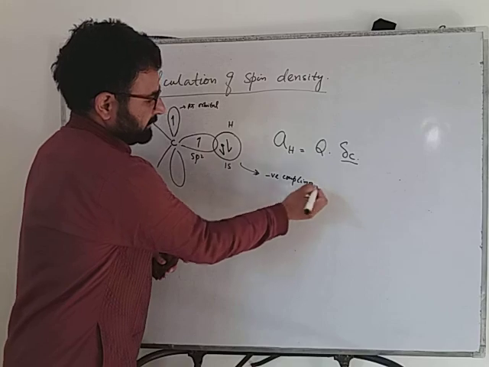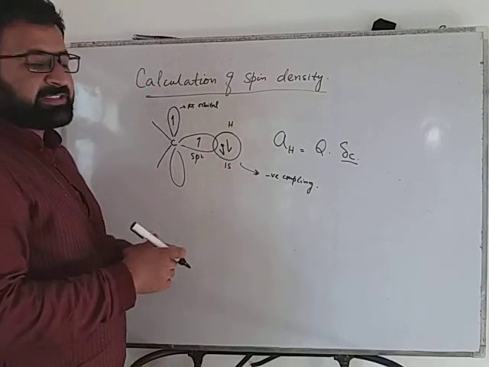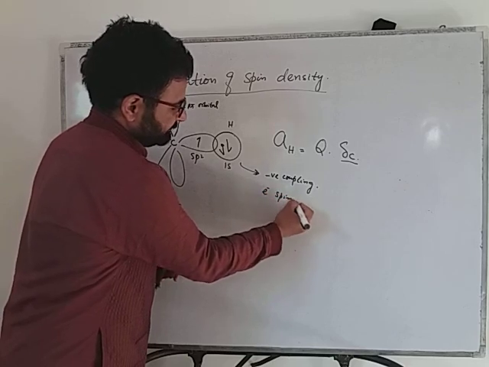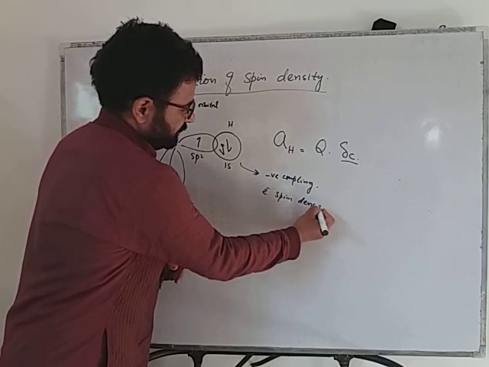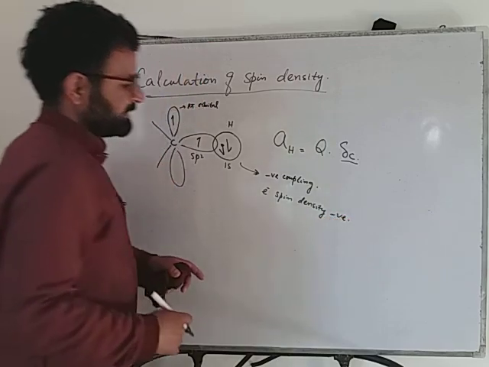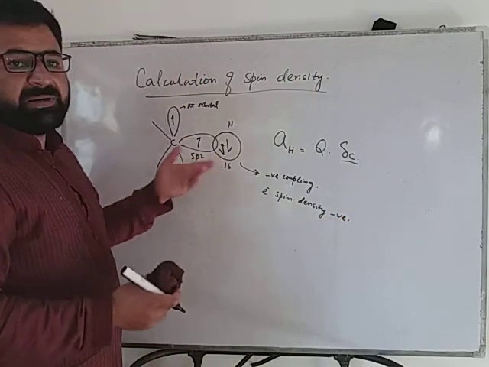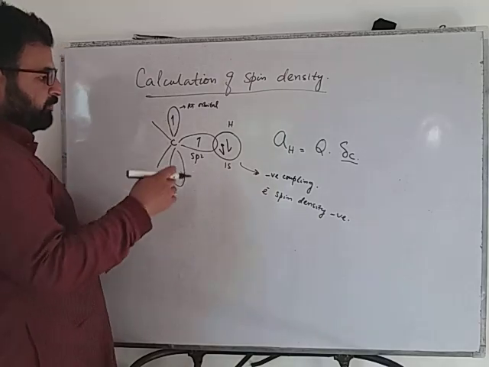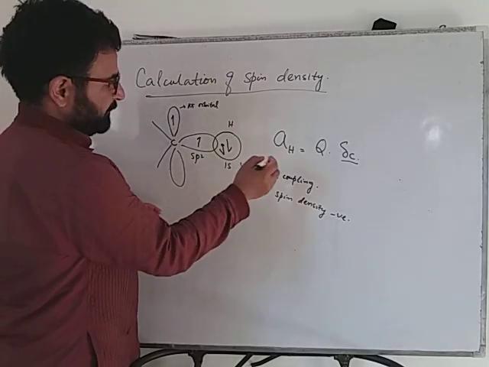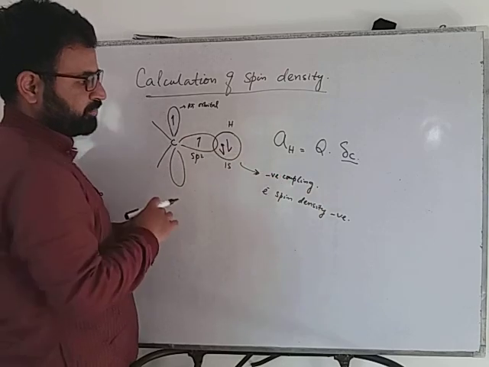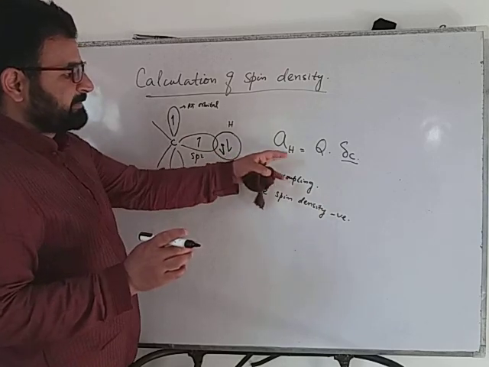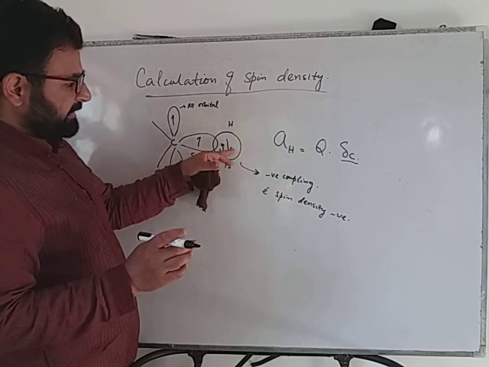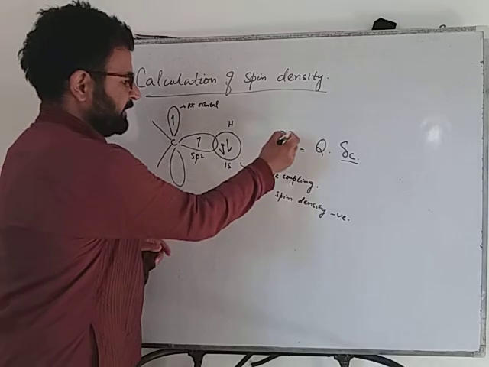As a result, in this situation, we say that the electron spin density is negative. And if they have anti-parallel spin, then we say the electron spin density is considered to be positive. So from here you can say, if the electron spin density here is negative, then the hyperfine splitting due to the delocalization of the spin density over this hydrogen nucleus will also be negative.